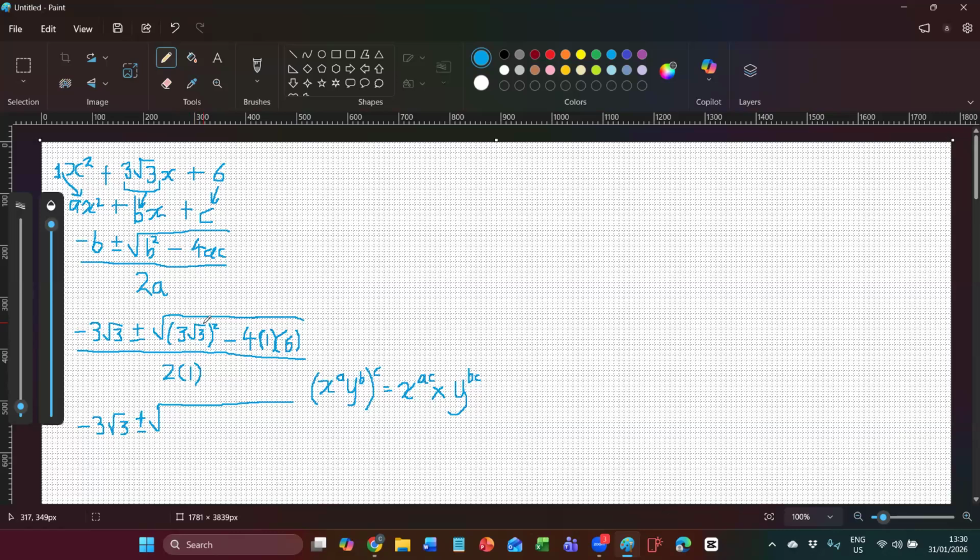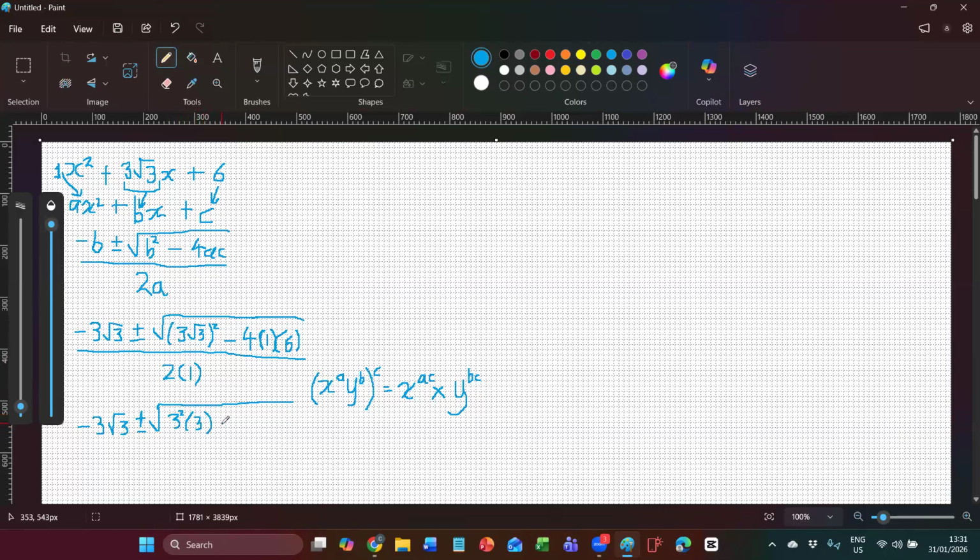That's what square root is, a power of half. And the 3, its own power is 1. So this will be equal to 3 squared times 3, that's 9 times 3.